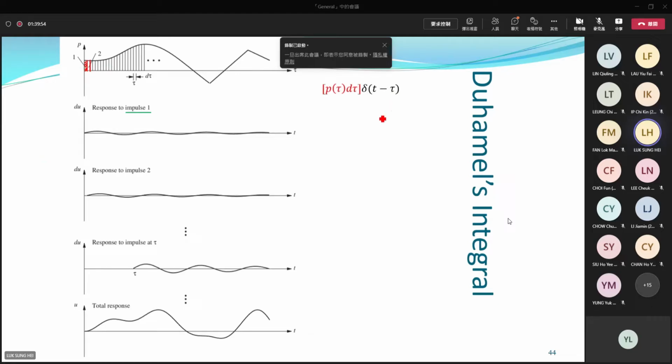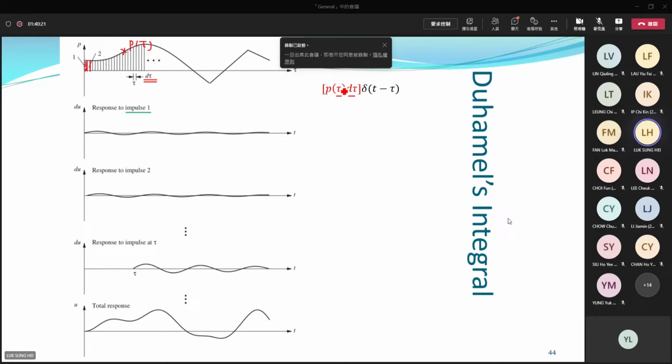So mathematically, I assume that the width of each strip is equal to d tau. d tau is a small number, talking about the width of the strip. The value of this line at any point is p(tau). The force is a function of time, and the time is called tau.